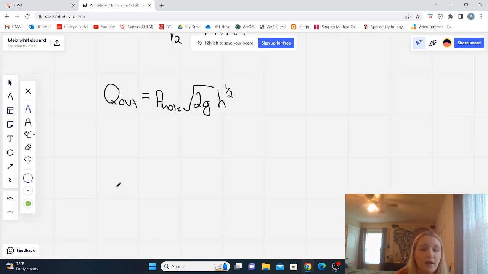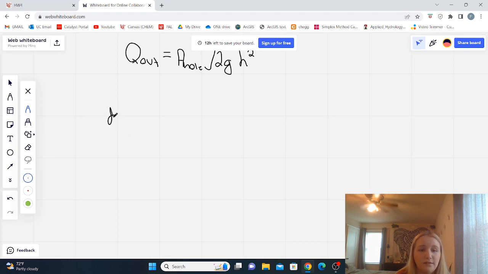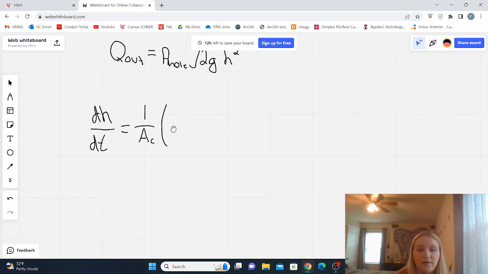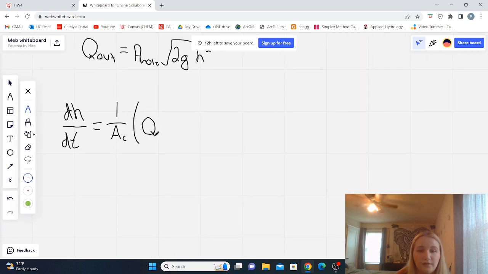So if we do that, we'll be left with dh over dt is going to be equal to 1 over the cross-sectional area, A_C, then multiplied by our Q in, minus what we're substituting in.